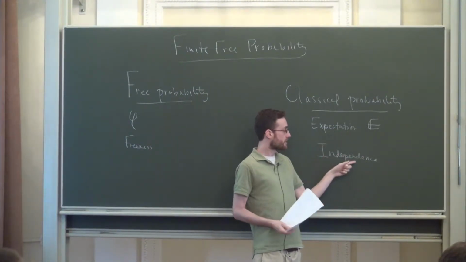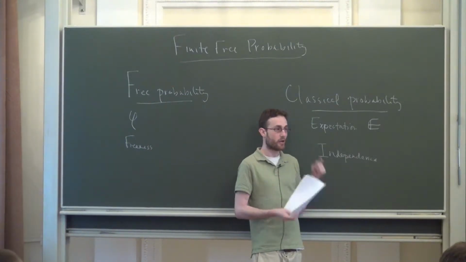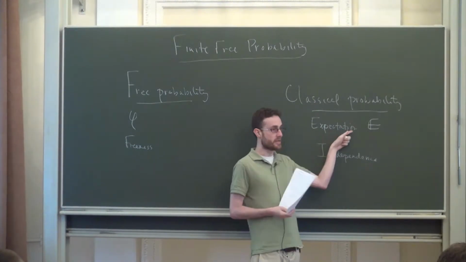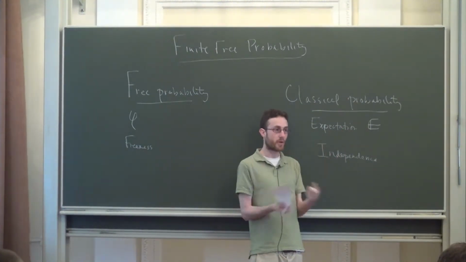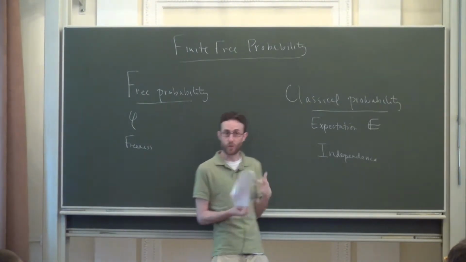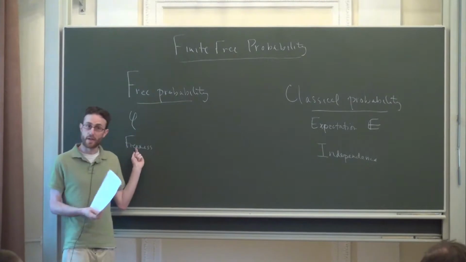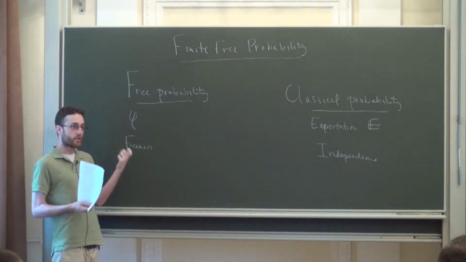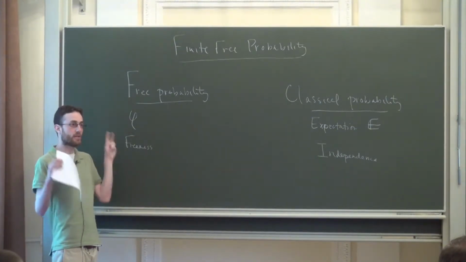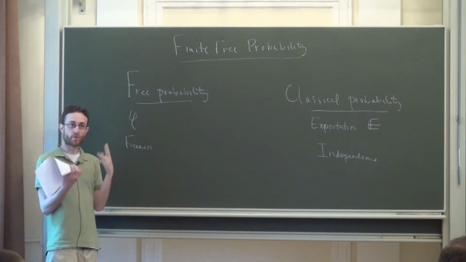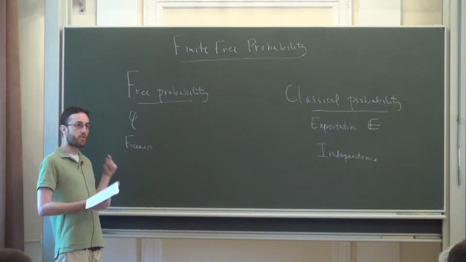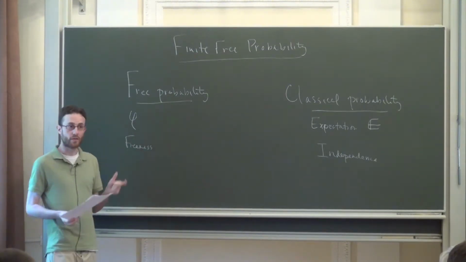But independence is a special joint distribution which says all you need to know is the original distributions, and then you can combine these two things and get another distribution without knowing any joint distributions. And freeness is going to be the same thing. It's going to be some way of taking a distribution of eigenvalues on a matrix and another distribution of eigenvalues on a matrix and doing some combination of those matrices and getting some new distribution where all of the moments are only going to depend on the moments of the original ones.